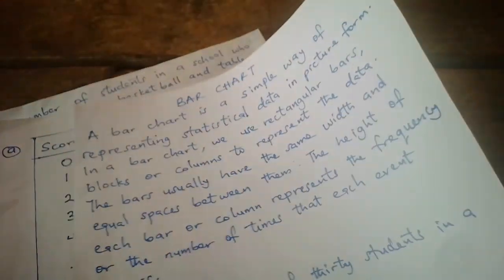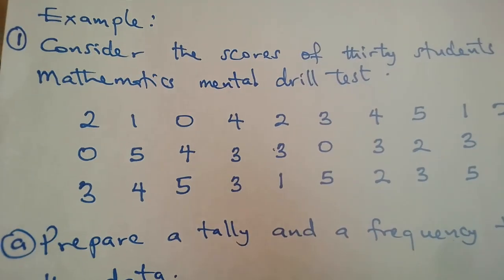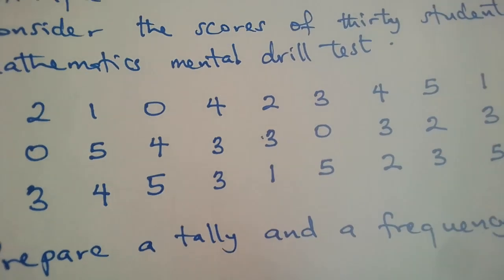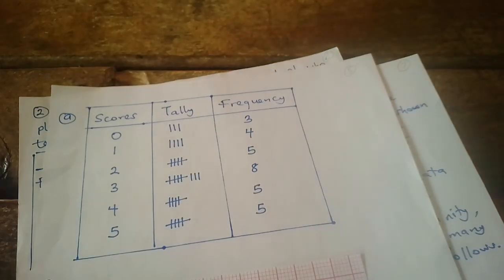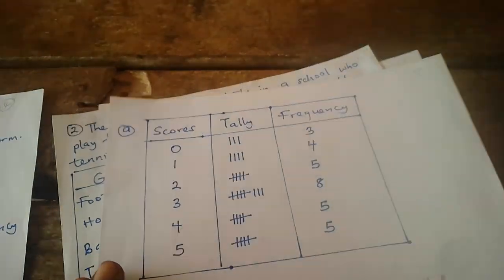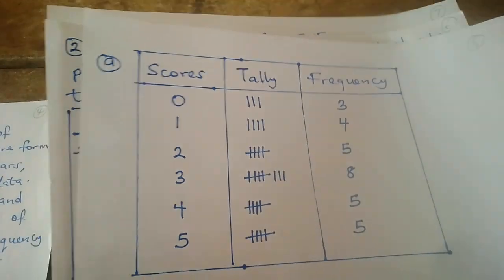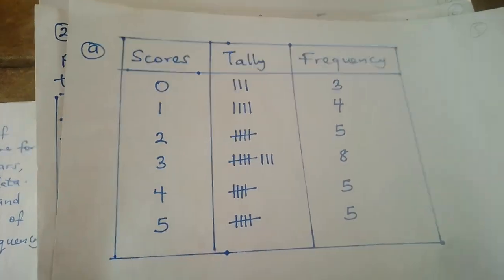Before we can represent this type of information on a bar chart, we must first have our frequency distribution table. In the first class, I explained how to get the frequency distribution table, so I will not go back to that.